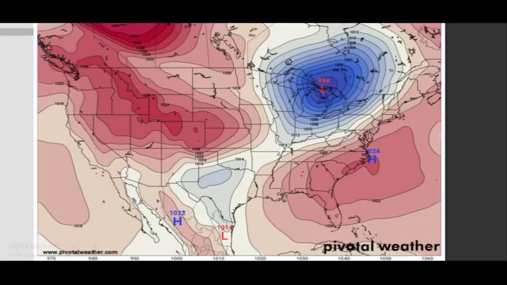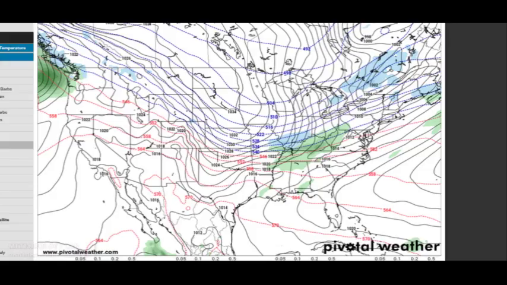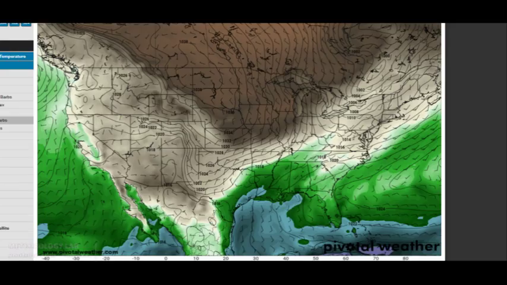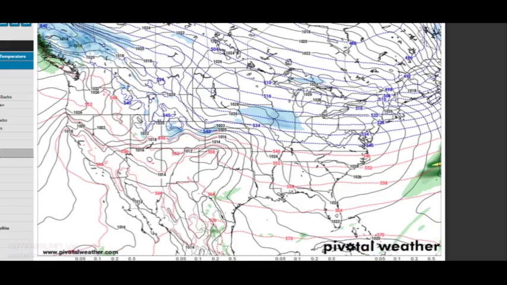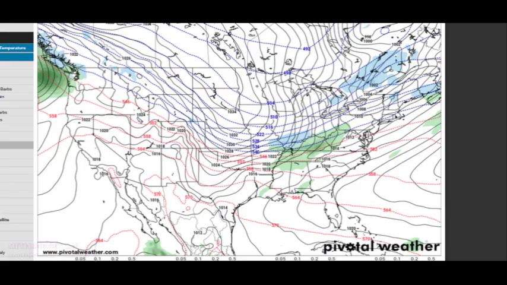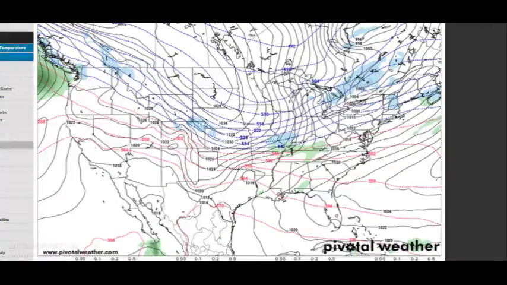Now for the forecast, I decided to look at the Canadian model, if I can find it. There it is. I'm going to use the Canadian model because it looked like the GFS was going a little bit too aggressive with that 1050 and 1060 millibar high around the 9th, and it looks like it's backed off on that a bit.